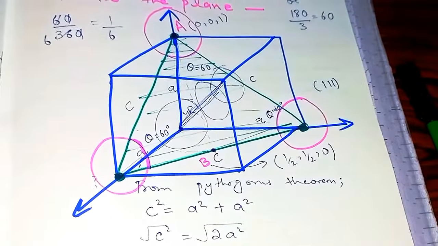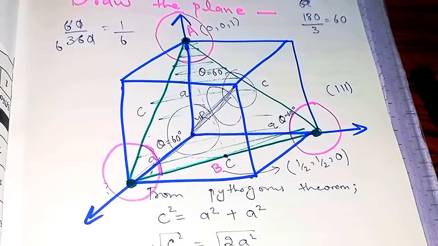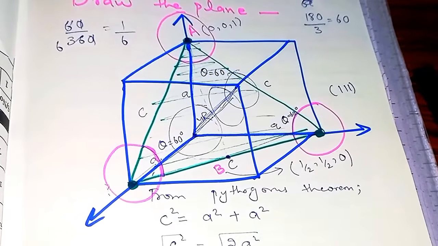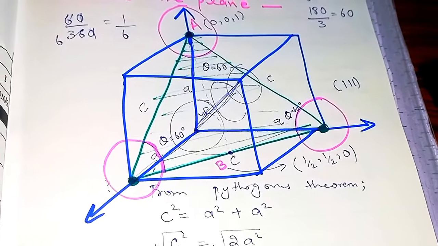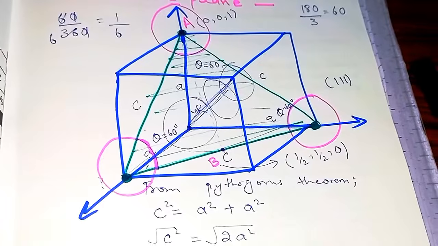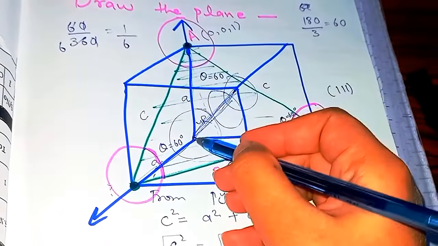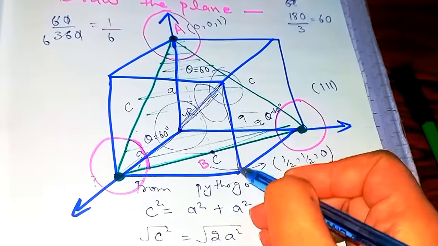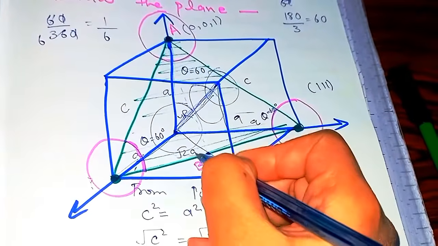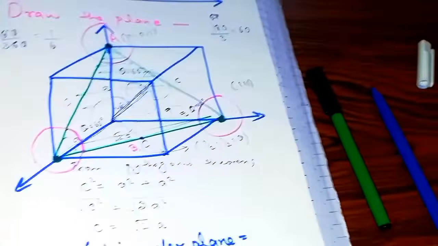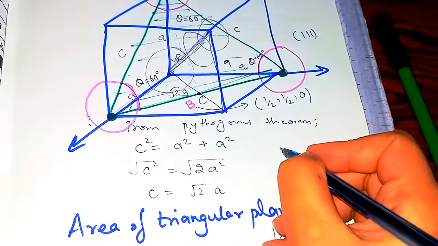If you know the relationship between atomic radius and the lattice parameter in BCC, you can directly use it, but you can even derive it if you forget it. So this is the diagonal length, this is length a, and this length is root 2 a.